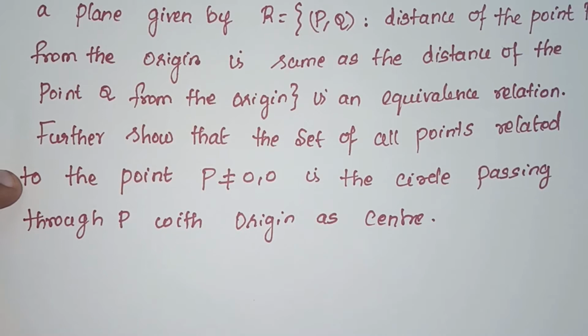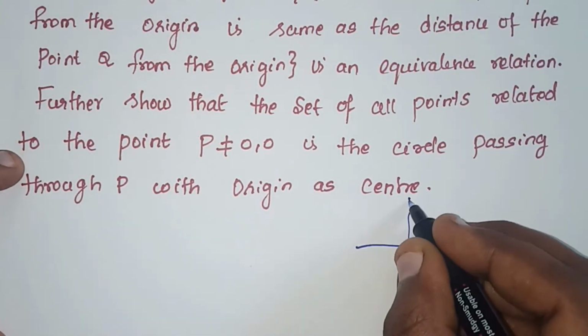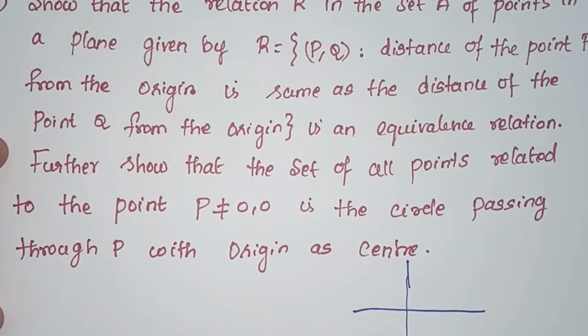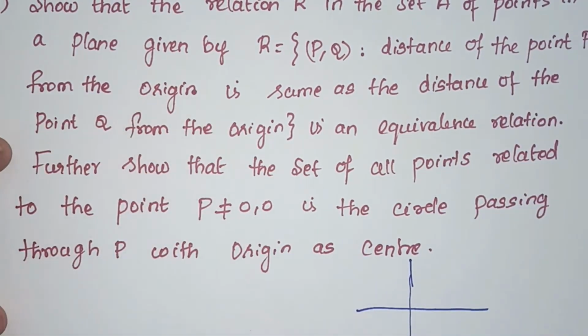First we will draw a plane. I am taking this as an xy plane. Here, what is given is the distance of the point P from the origin.